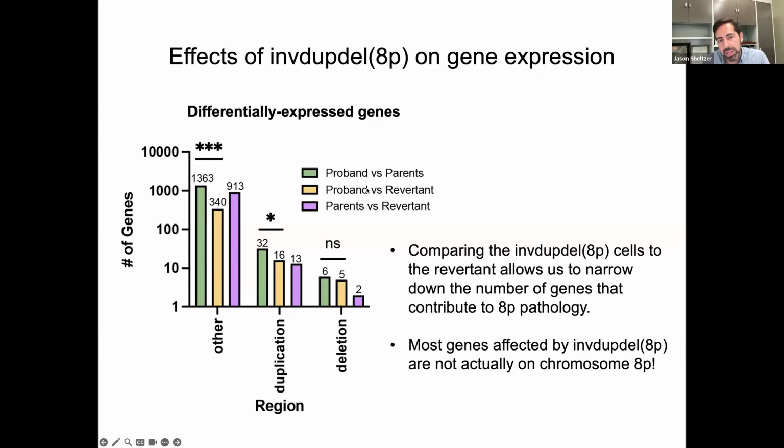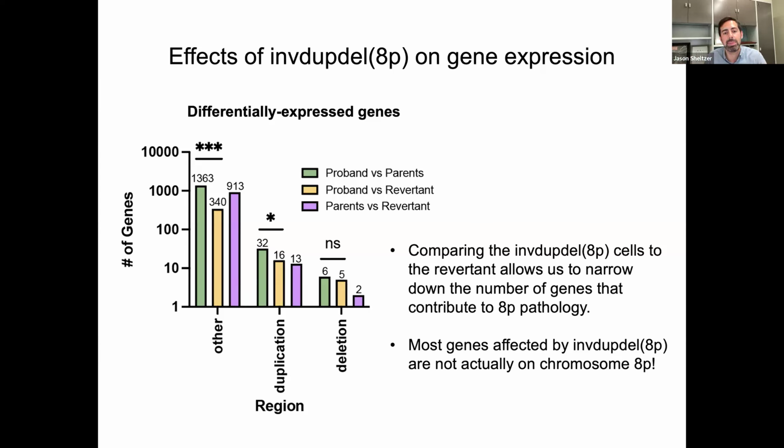So comparing the proband versus revertant, that is the cells with the 8p rearrangement to the cells where we eliminated the 8p rearrangement, we saw 16 genes that were significantly upregulated in the duplicated region, 5 genes that were significantly downregulated that were expressed at very low levels in the deleted region, and then 340 genes on other chromosomes that were either upregulated or downregulated.